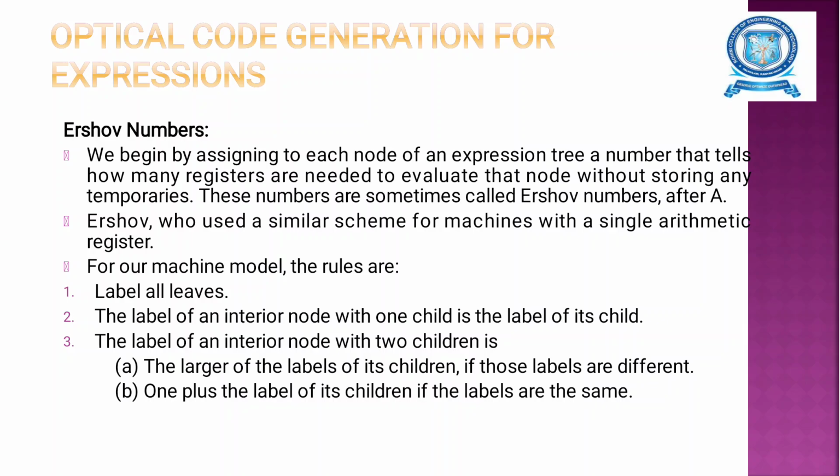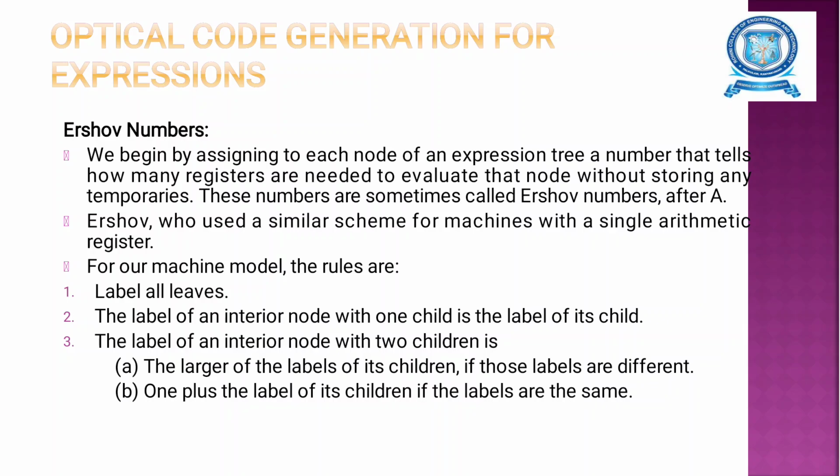For our machine model, the rules to find the registers needed for an expression tree are as follows. Initially, label all leaves. The label of an interior node with one child is the label of its child.